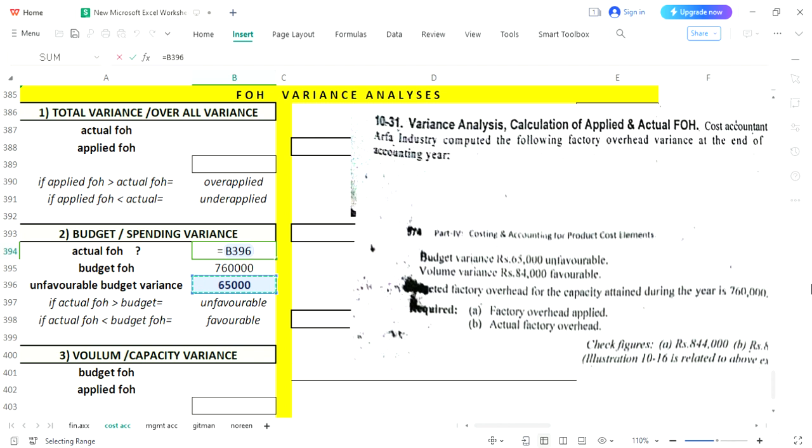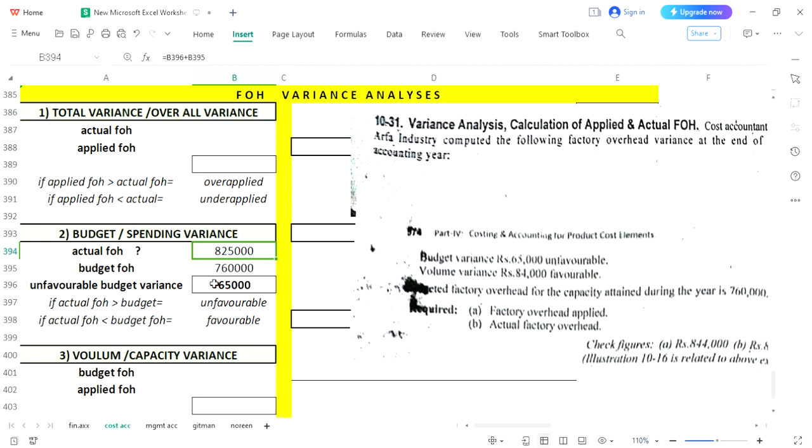Let me tell you, if you add or subtract in both ways, you will get 65,000. As you can see, if you add 76,000, you will get the same amount. Or if you subtract, I'm just willing to let you know that your unfavorable budget variance would be if actual is more.